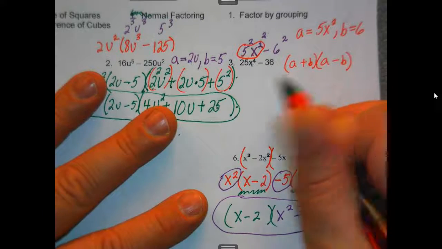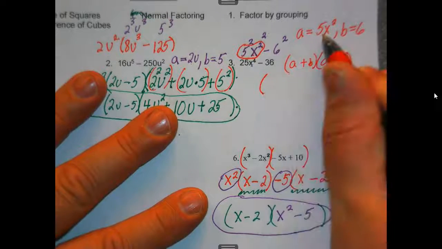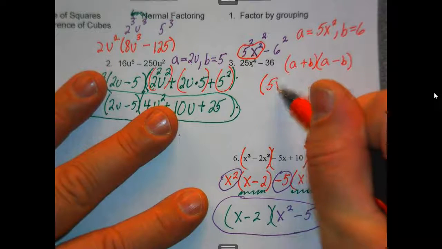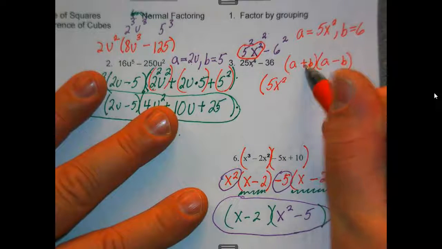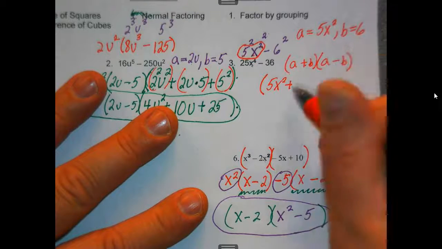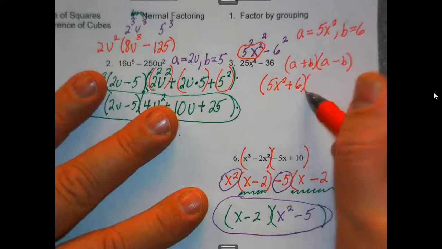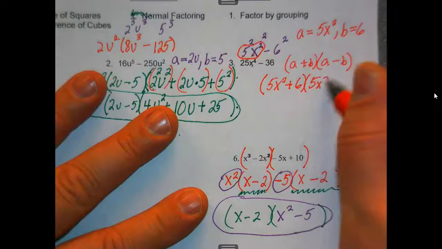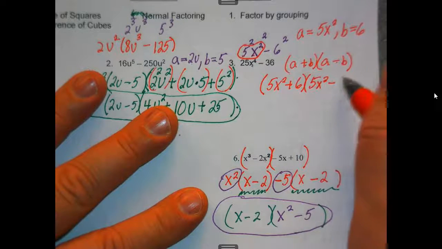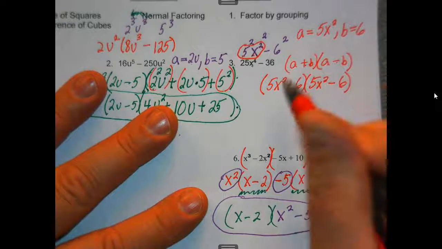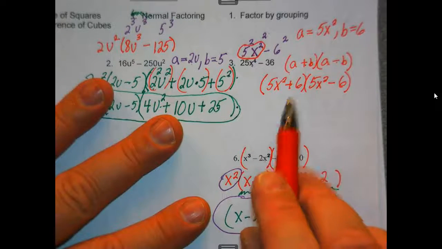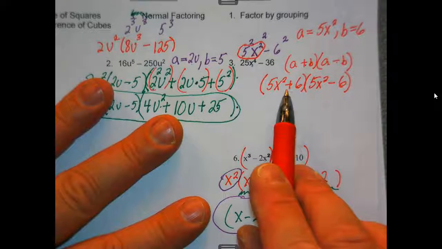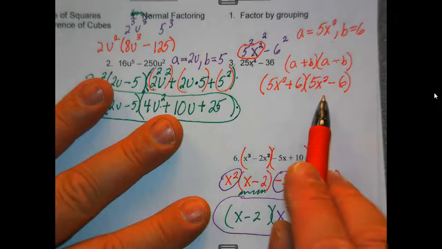All right, so I have a plus b. My a is 5x squared plus b, which is 6. And I have a, which is 5x squared minus my b is 6. Now, you have to be a little careful because sometimes you can break these. Since we have an x squared, we can keep going as far as factoring.